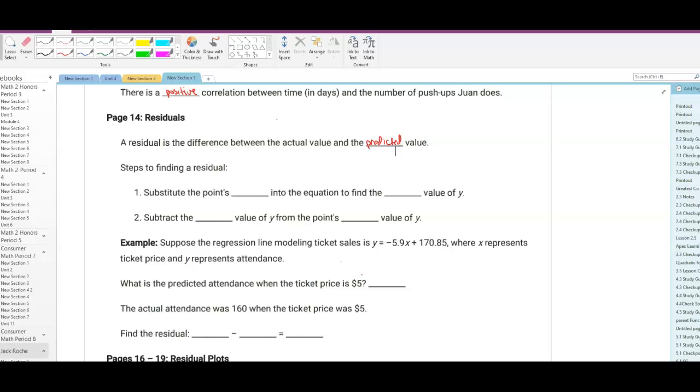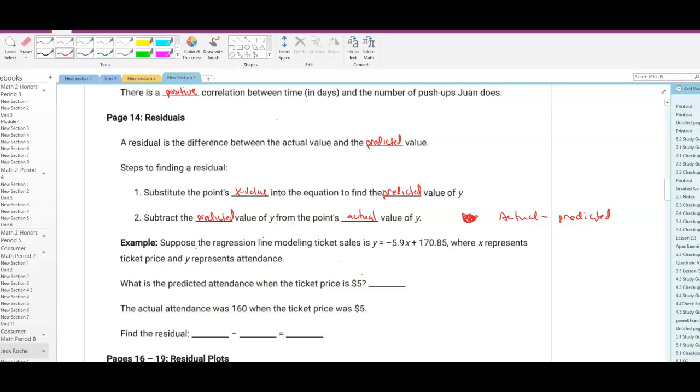So the steps to finding a residual: substitute the point's x value into the equation to find the predicted value of y. Then subtract the predicted value of y from the point's actual y value. So it's the actual minus the predicted.